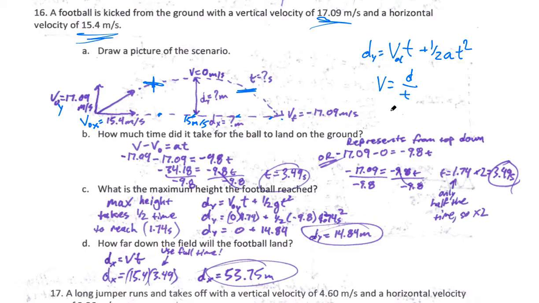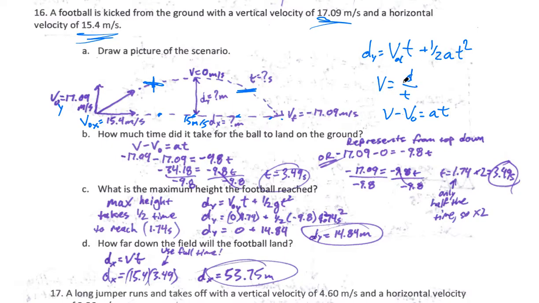That also has time in it. V minus v naught equals at. That also has time in it. But let's see how we actually narrow that down. How do I know that I'm not using one of these formulas over the other? Well, we don't know our distance and we don't know our time. So if I don't know both those variables, there's no way that I can solve the problem.